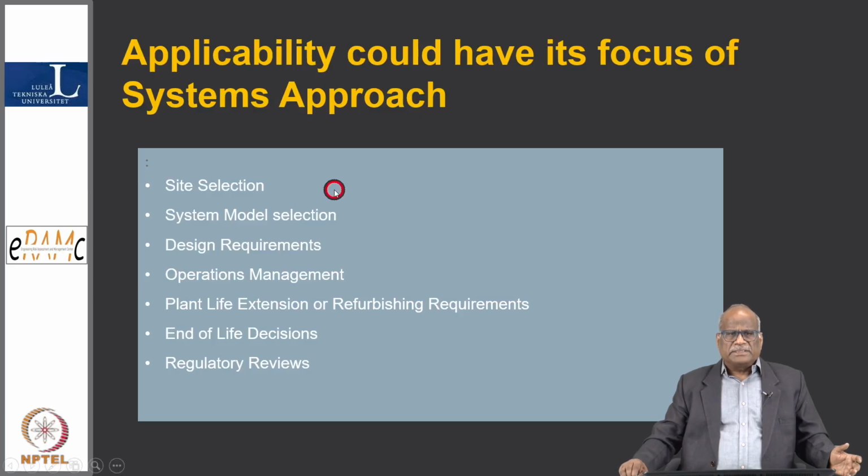Applicability could have its focus on the systems approach. See, first is site selection itself. If a systems approach is there, it can help in site selection. Then system model selection. What system we should build, what kind of redundancy is required, what kind of components we use, what should be the quality criteria. So there it helps in system modeling.